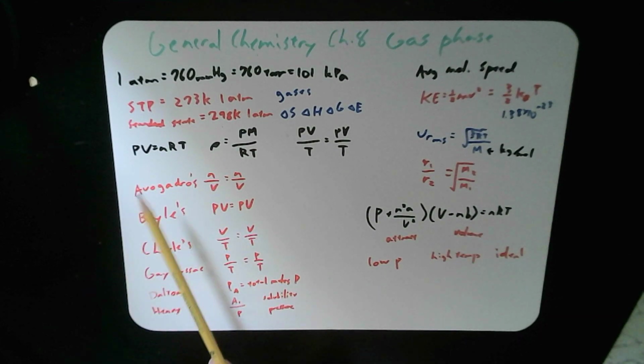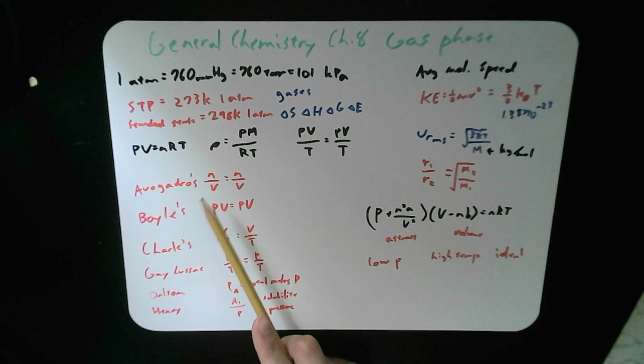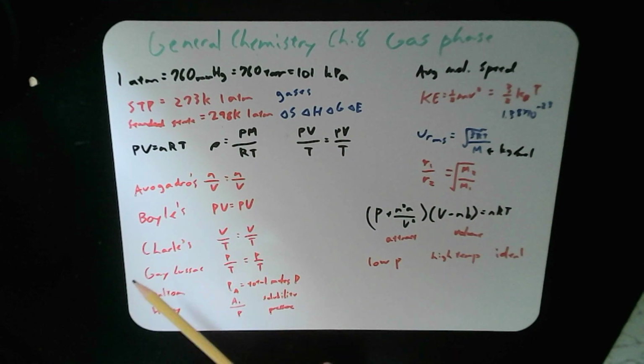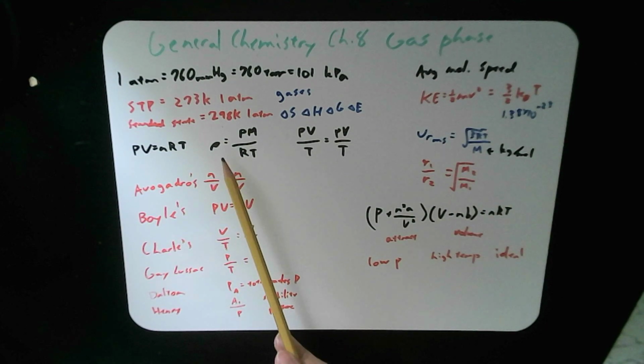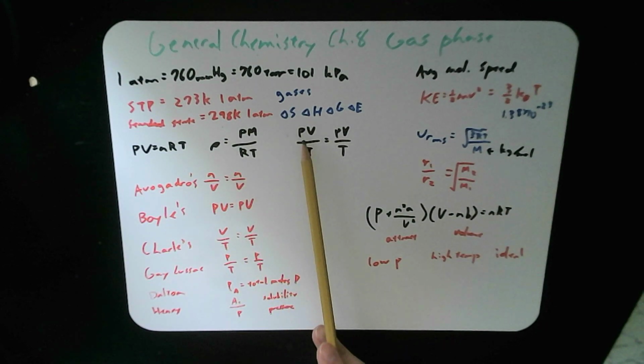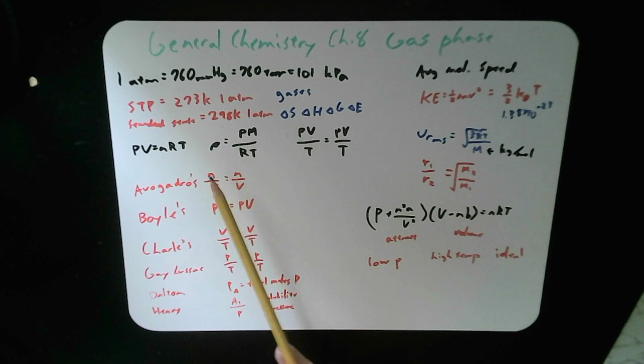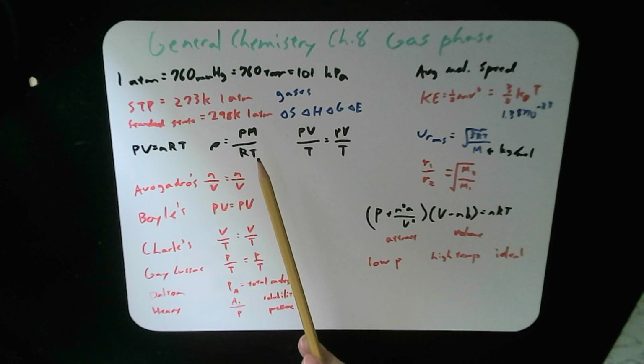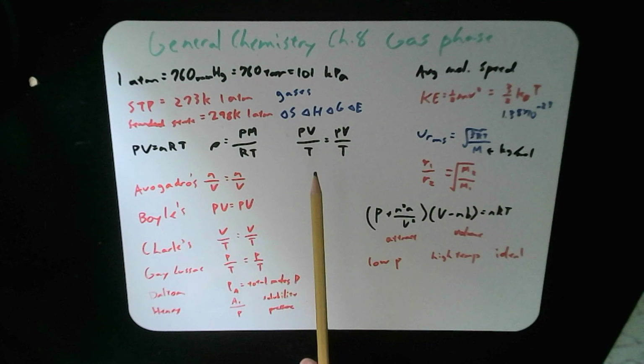Okay, PV equals nRT, the generic combined gas equation, uses Avogadro's law, Boyle's law, Charles' law, and Gay-Lussac's law altogether to create this equation. Because PV equals nRT, we could mess around with the equation because mass over volume is density, right?